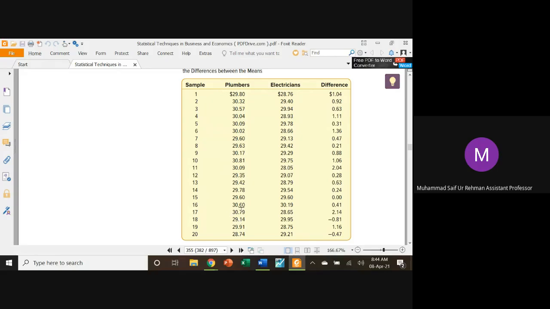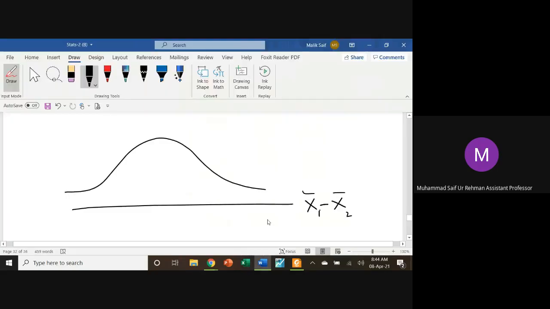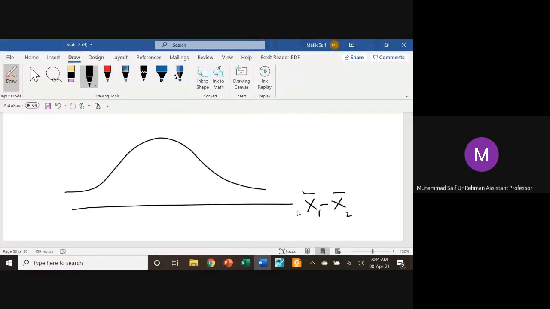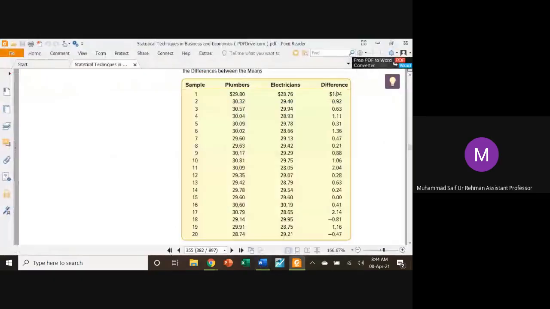I mean x bar. This will be the situation. This situation x bar will be there on this scale, and if you take the difference, the series of differences, then you draw this series in the form of a graph, this distribution.